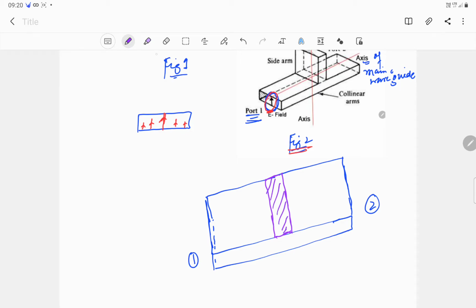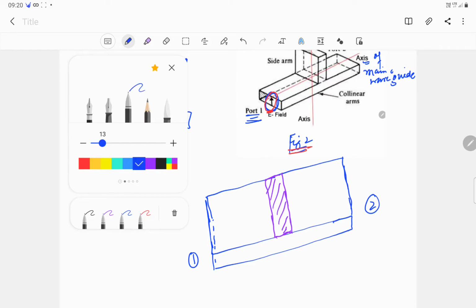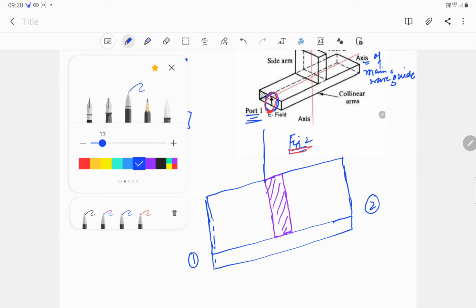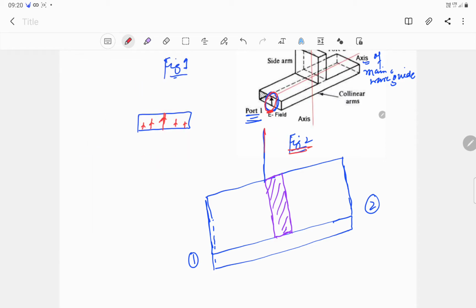Now after cutting the slot, we connect another section of waveguide like this. Let me use a different pen. So we connect another section of waveguide over this slot.